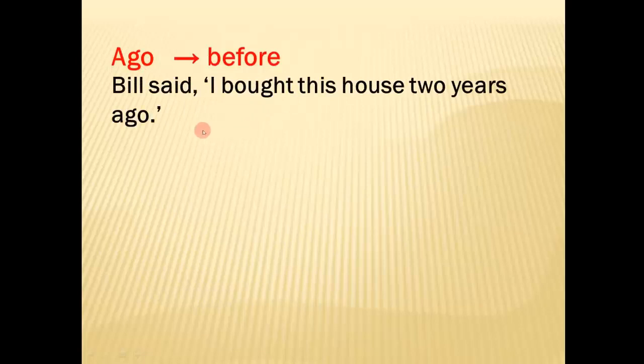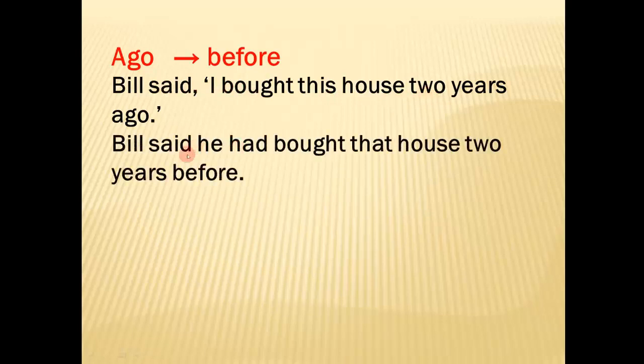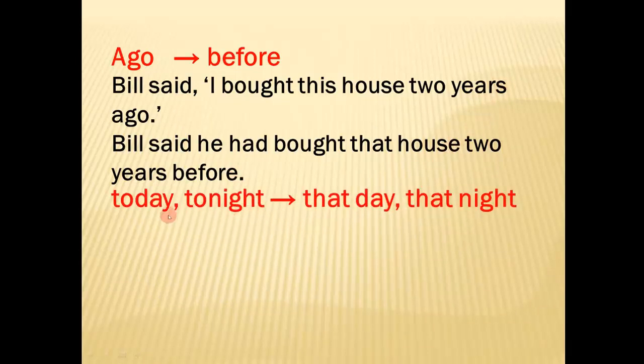Ago becomes before. Bill said, "I bought this house 2 years ago." Bill said he had bought that house 2 years before. Instead of ago, we use before. Today or tonight changes into that day or that night.